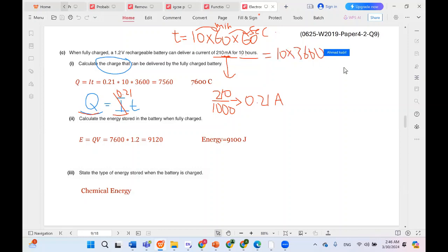And this is 36,000, of course. And then you multiply this number by the value that you got for I. And this is what we did here. And we got 7,560. We usually like to have two significant figures only. So we convert it into 7,600 coulombs. And that is our final answer for question I.